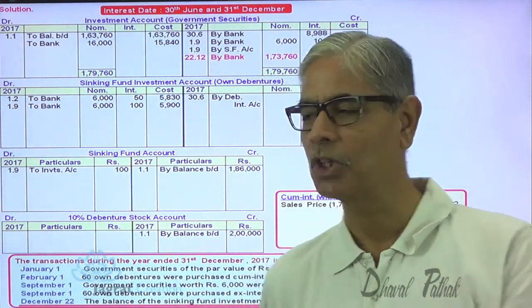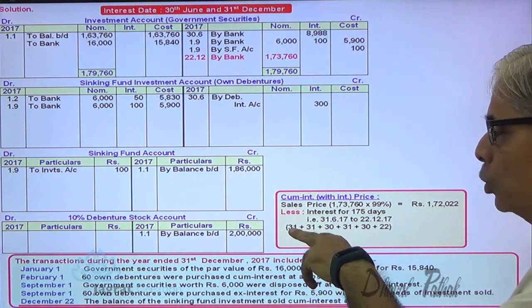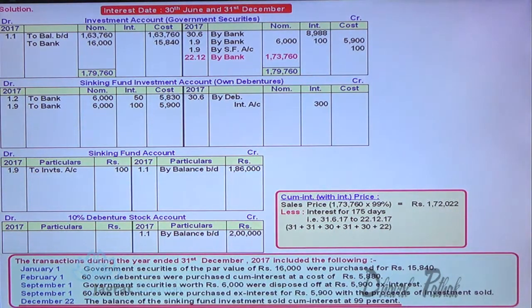If you total all these numbers, it works out to be 175 days. So 175 days interest is going to be received.